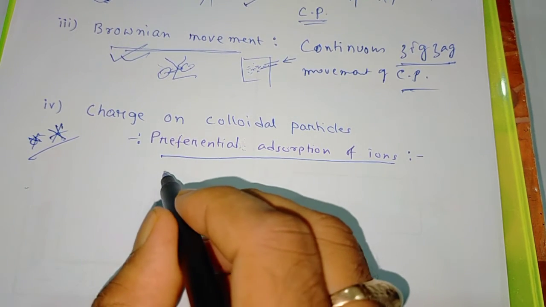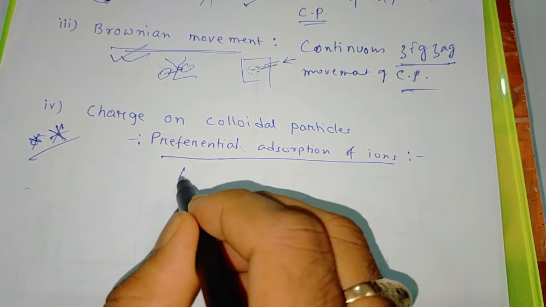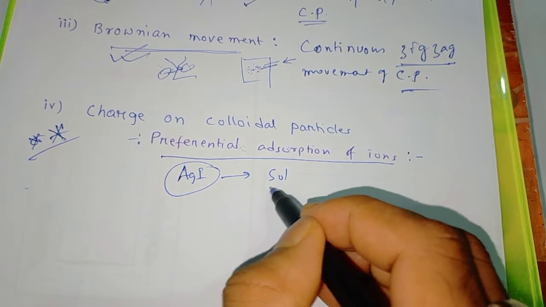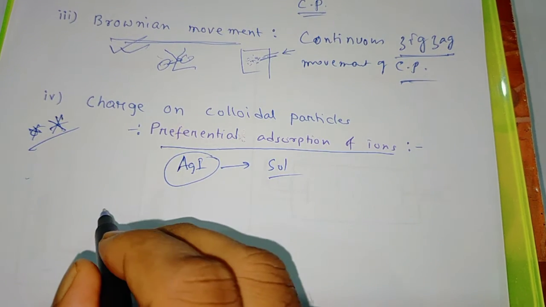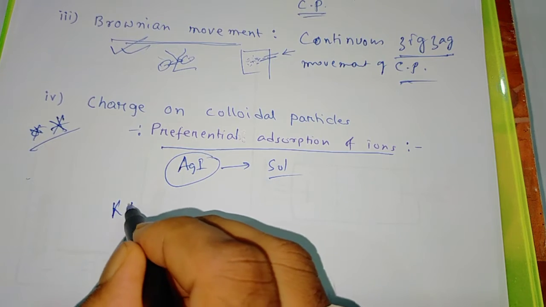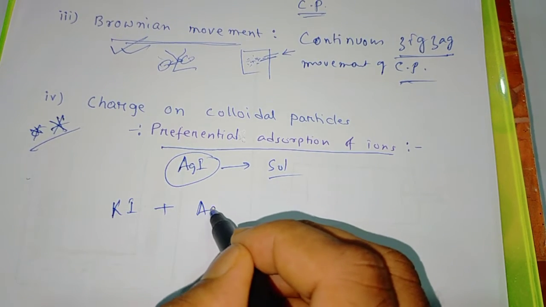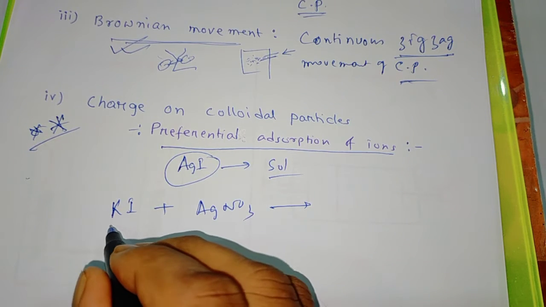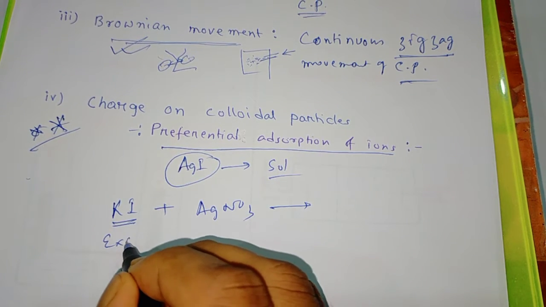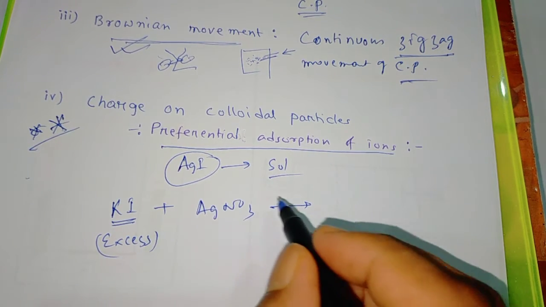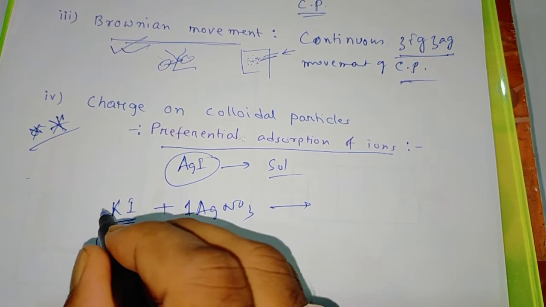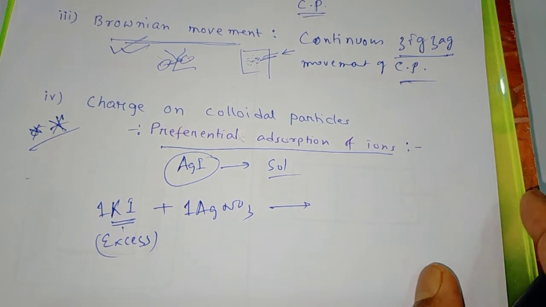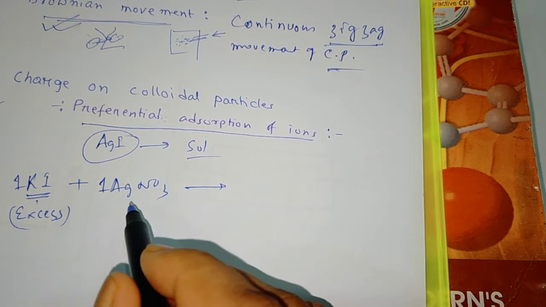For example, if I want to prepare silver iodide salt, so if I take potassium iodide and silver nitrate, I have taken the potassium iodide in excess. Here 1 mole of silver requires 1 mole of potassium iodide. If I take 1.5 of that one, that will become excess. In that case, what will happen?